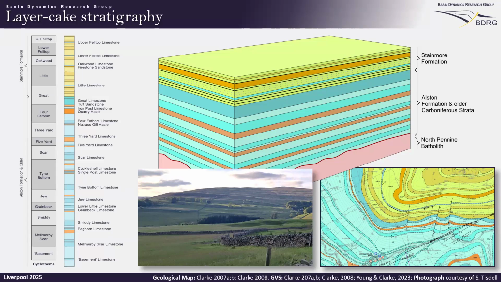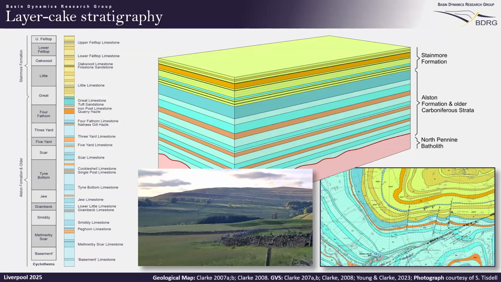It's a layer cake of limestones, sandstones and siltstones. Here's the Alston Formation, the Dinantian strata, and here's the Stainmore Formation, Namurian strata, on the top. It's a layer cake succession sitting on top of the basement, which is actually a granite batholith that underpins the Alston Block.